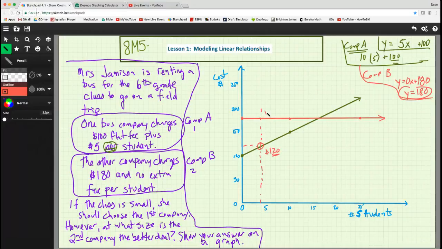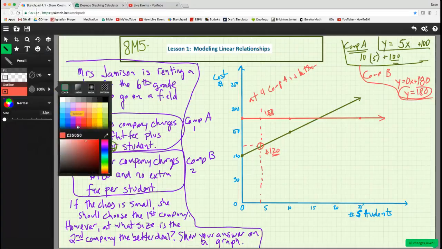They charge us 180. So company A is the better deal, and you can do that just by a straight calculation from your verbal model: 4 times 5 plus 100 is 120, and over here it's always 180. But you can see it graphically too. So at 4, company A is better.